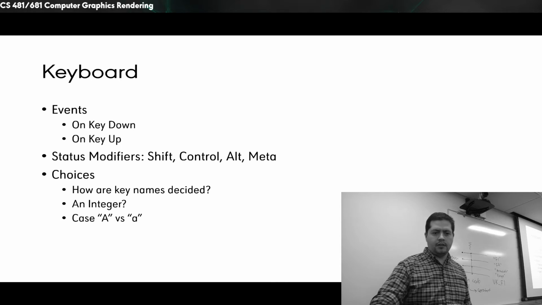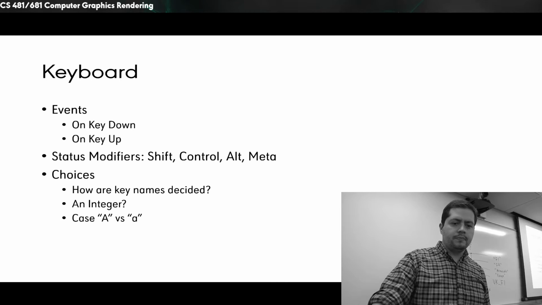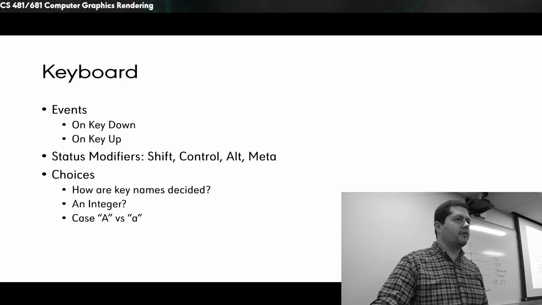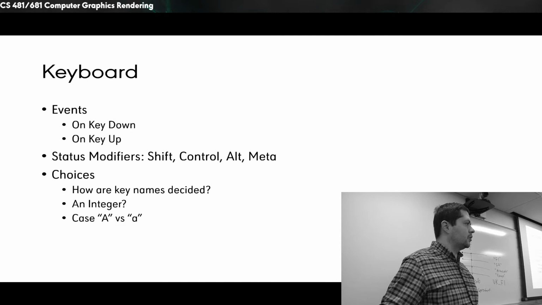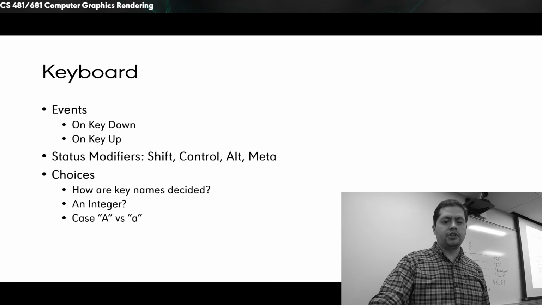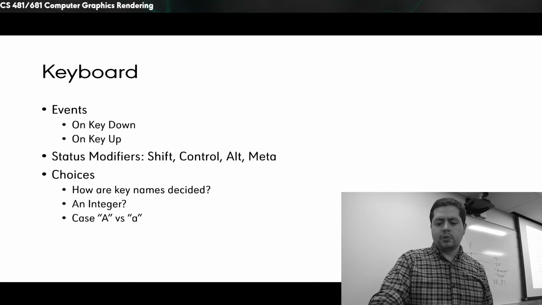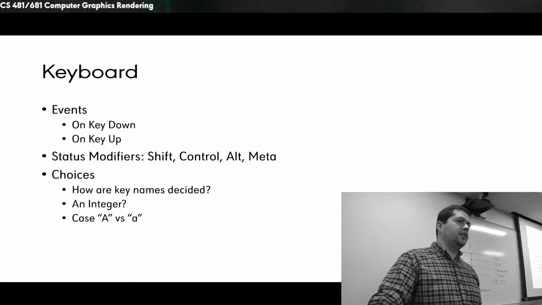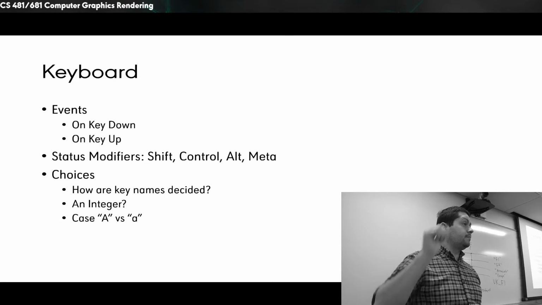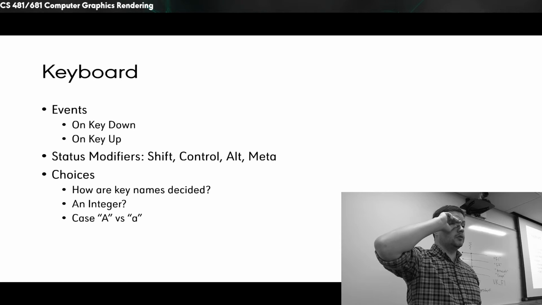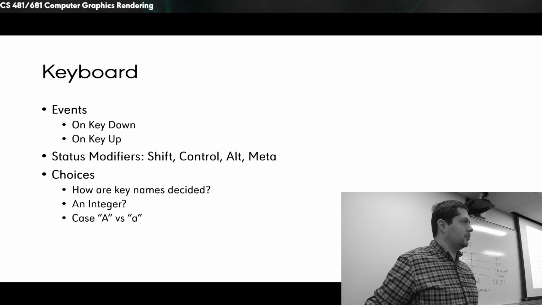Okay, and then you'll have to apply the status modifiers potentially if you're trying to do something with it. So if you're trying to look for shift, control, alt, or meta. Meta is one way of referring to the Windows key or the Apple key. I don't know what that symbol is called. I think it might be called meta.